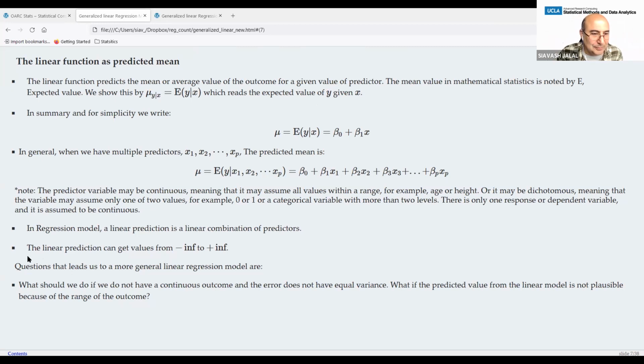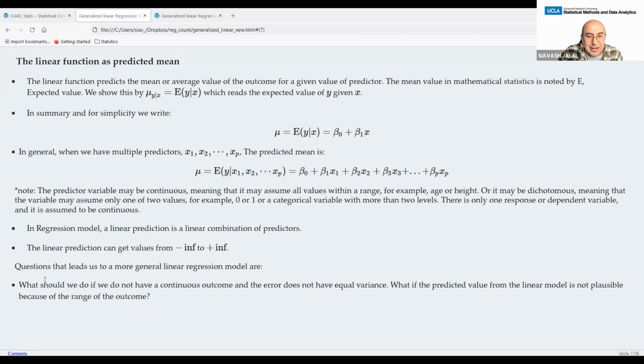Here, the linear prediction can have any value between negative infinity and infinity. Now that's the question: what if the outcome has some sort of distribution whose mean is not from negative infinity to infinity?